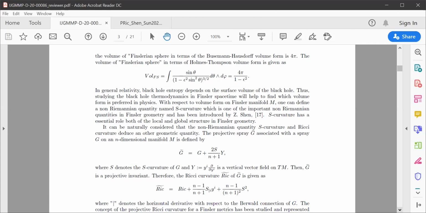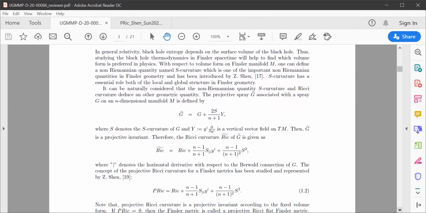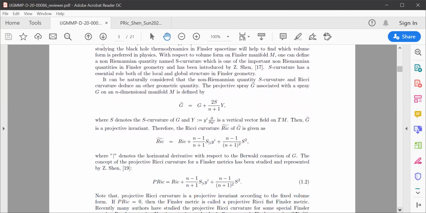Then of course you get the formula, the relationship between the G tilde Ricci curvature and the G, right? So that's already mentioned.